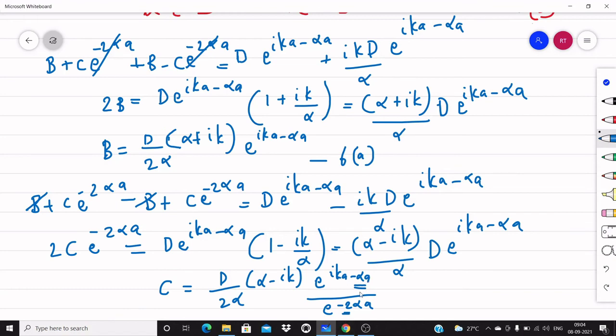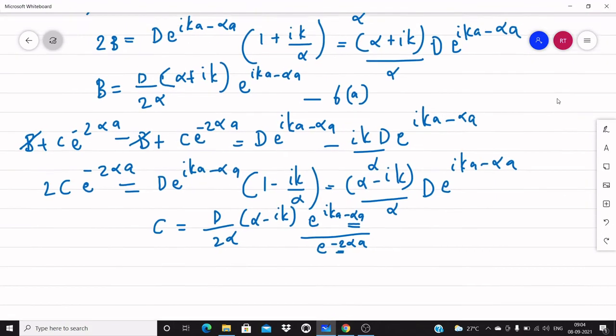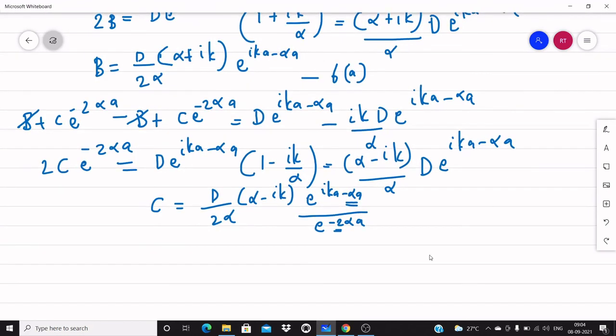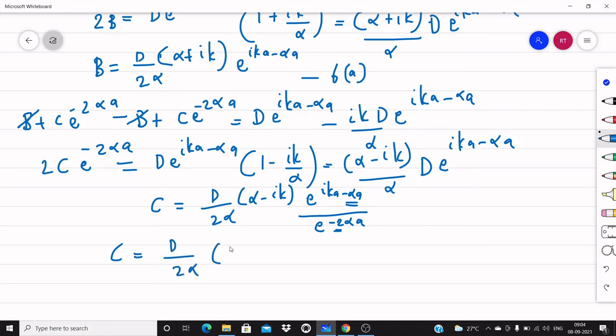So one of them gets cancelled, and you can rewrite it: c is equal to d by 2 alpha minus ik into e raised to ika plus alpha a. Let us call this one 6b.